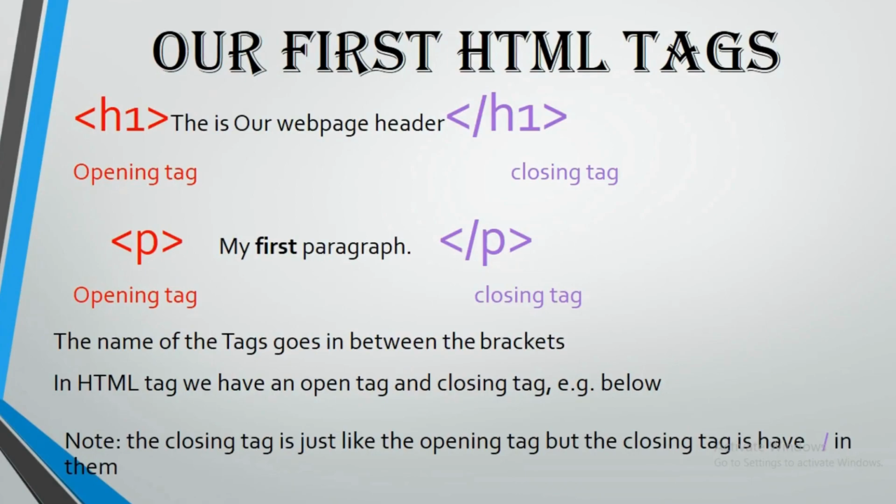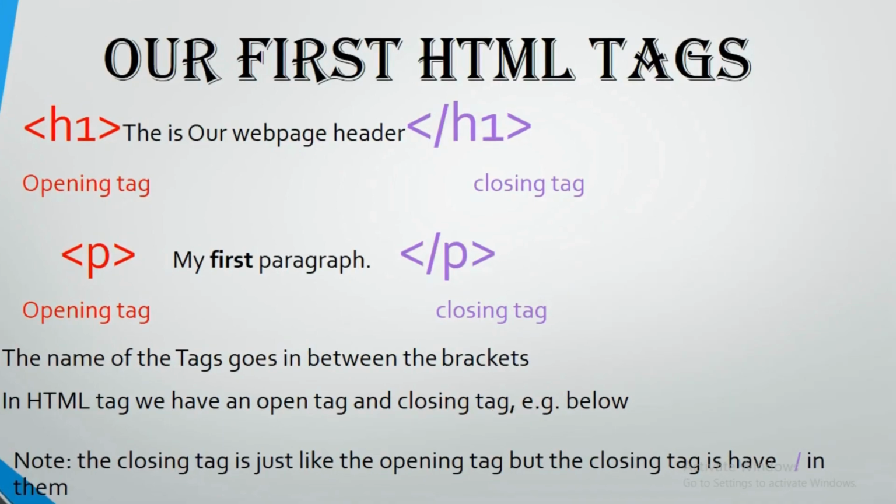The name of the tag goes in between the brackets. In HTML, we have an opening and closing tag. Note that the closing tag looks exactly like the opening tag, except that the closing tag has a backslash before the tag name.